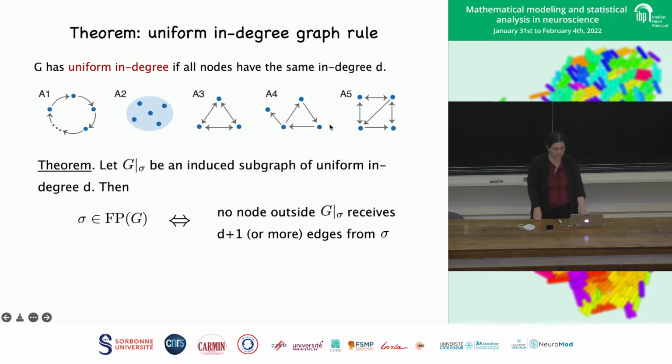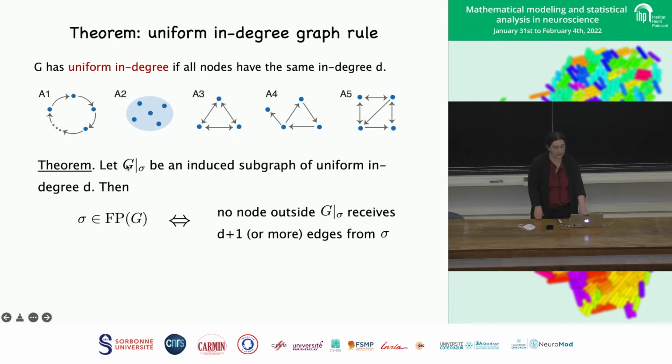So up here are some examples. They need not all be symmetric. So for instance, graph A4 is uniform in degree 1. Every node gets only one input. These graphs are special in the following sense.